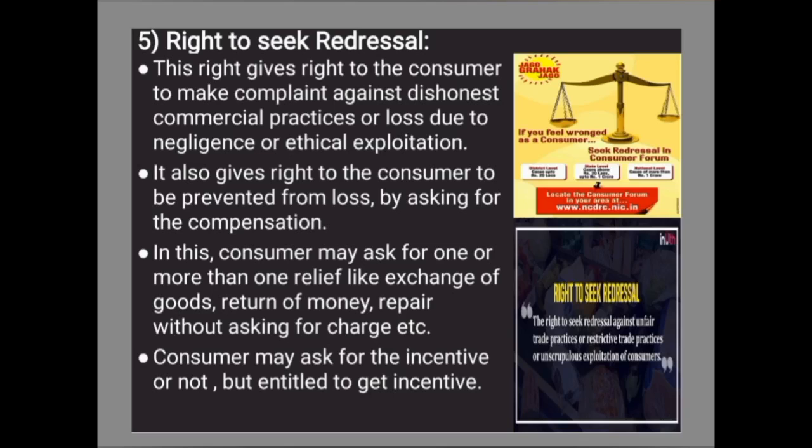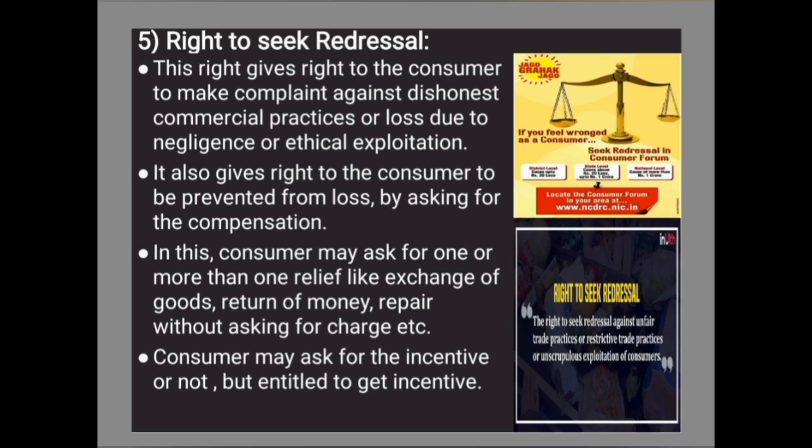Now fifth number, right to seek redressal. This right gives consumers the right to make a complaint against dishonest commercial practices or loss due to negligence or unethical exploitation. It also gives a right to the consumer to be protected from loss by asking for compensation.